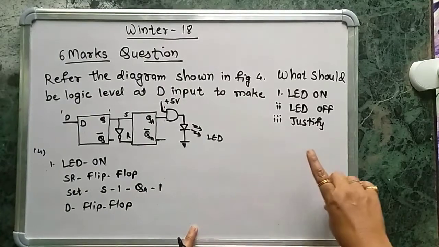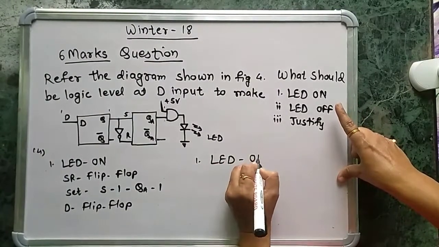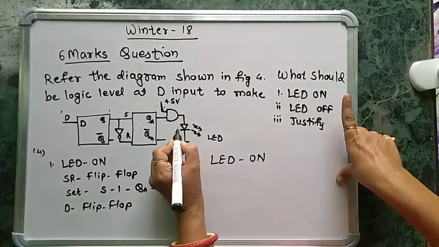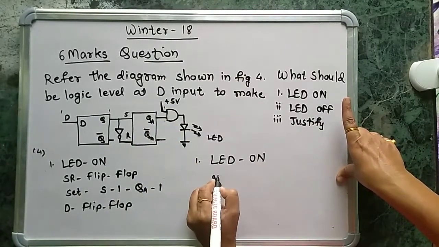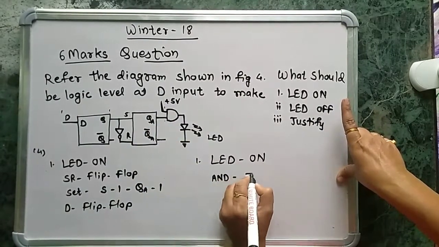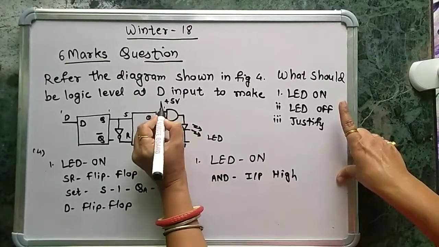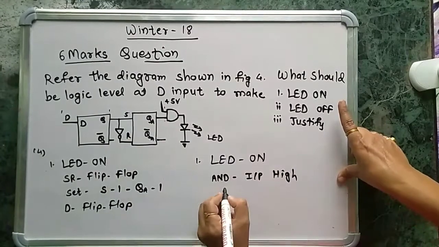So see, the first condition, when the LED is on. What is the condition for this LED to be on? The AND gate inputs should be high. This is already high, and this should be high, so QA will be high.